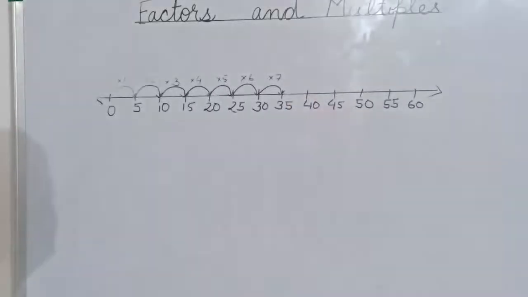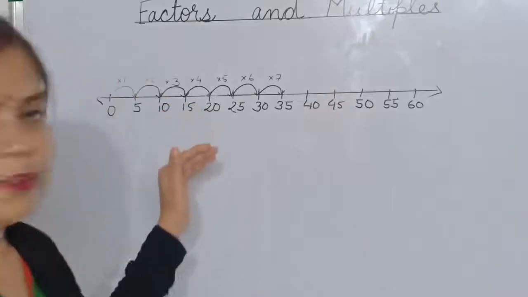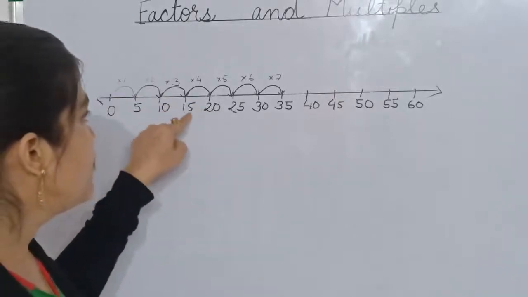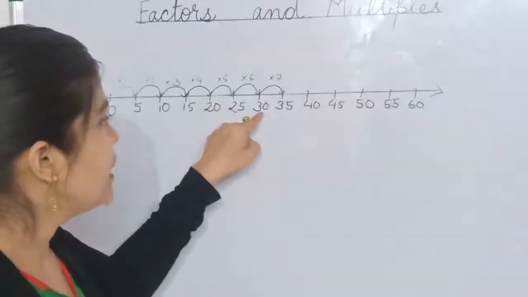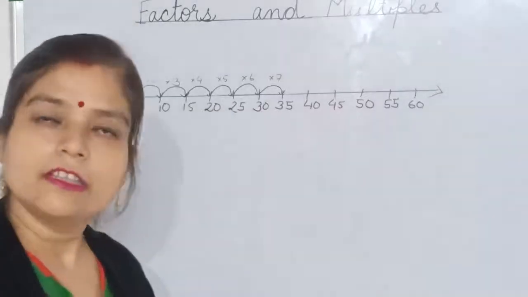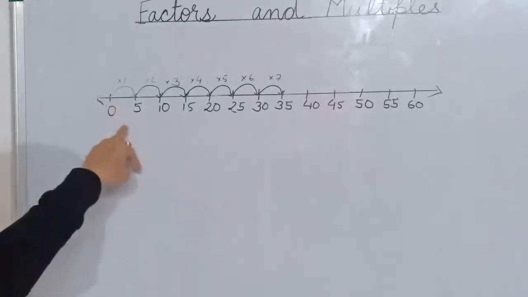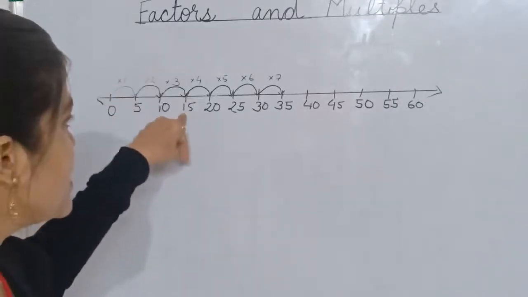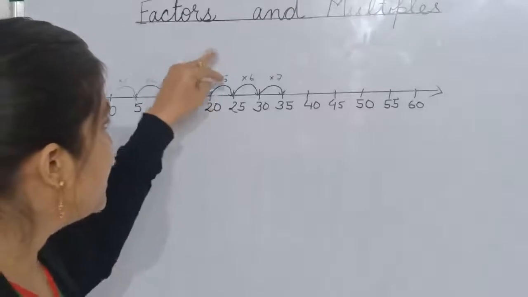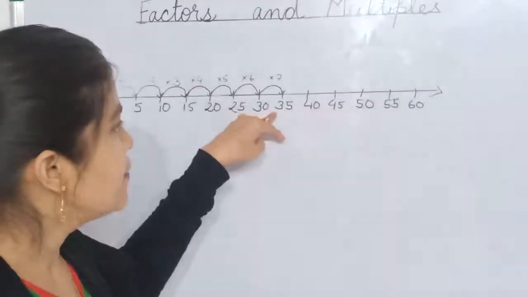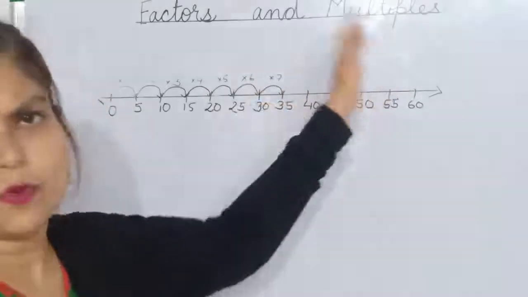So here we can see that when we are jumping, we are getting the numbers 5, 10, 15, 20, 25, 30 and 35. These all come in the table of 5. 5 1's are 5, 5 2's are 10, 5 3's are 15, 5 4's are 20, 5 5's are 25, 5 6's are 30, 5 7's are 35, 5 8's are 40, and so on.